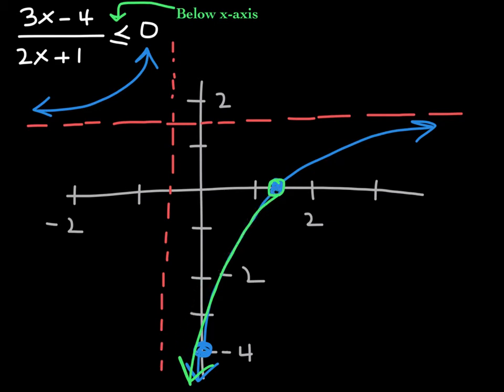Now, because this is non-strict, I can put a bracket on my endpoint as long as the endpoint is an x-intercept. I cannot put a bracket on a vertical asymptote. So it'll be from -1/2, let's put a parenthesis there, all the way to 4/3, let's put a bracket on 4/3 because this is a non-strict inequality.